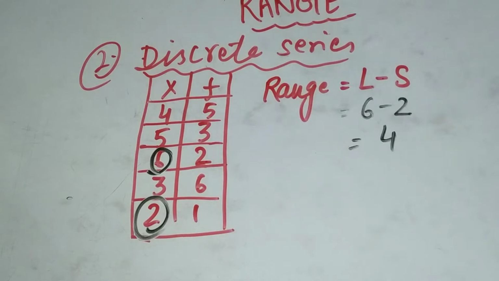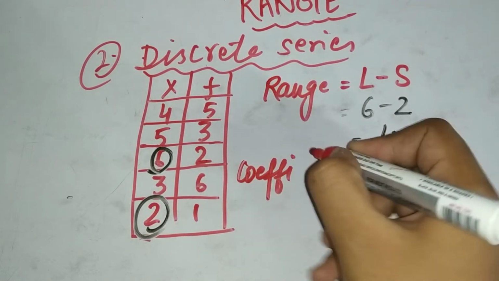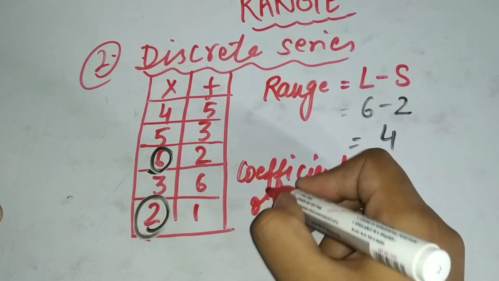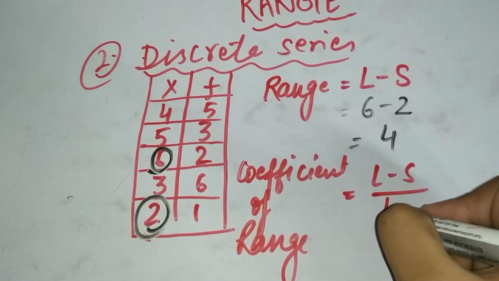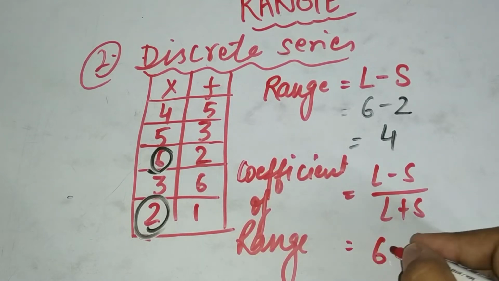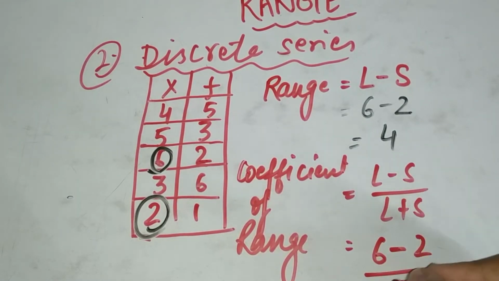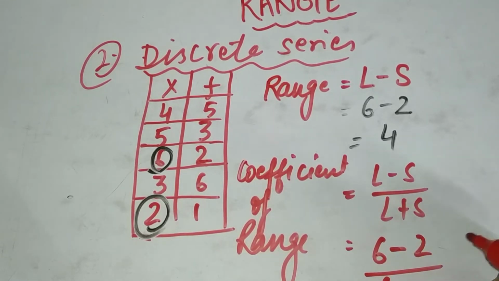The range is 4. Now calculate the value for coefficient of range. That is L minus S over L plus S. Largest value in this example is 6 and smallest is 2. In the denominator also, largest plus smallest.